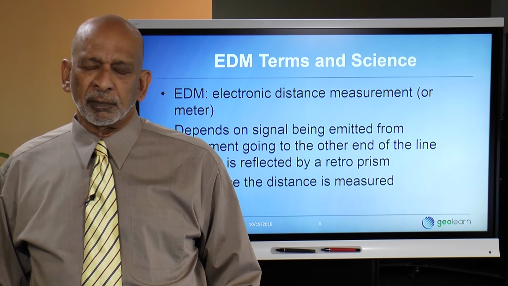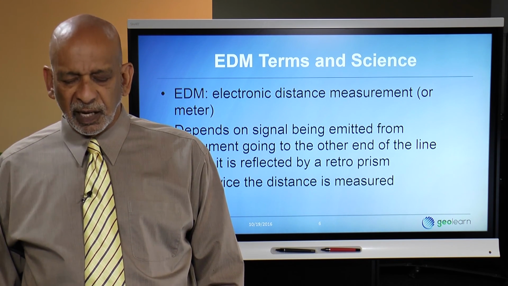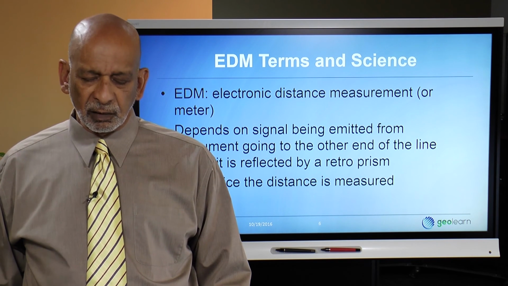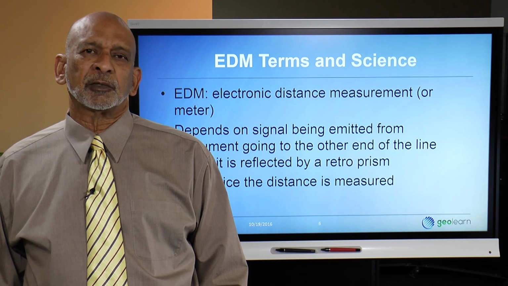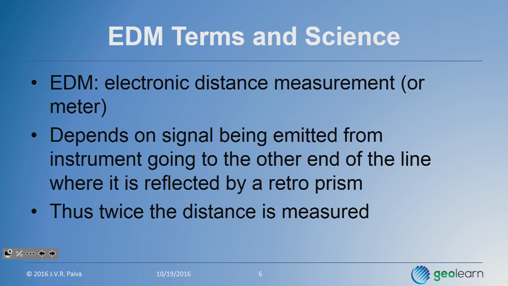So we'll go through some EDM terms and science. We'll kind of jump around here. Let me start by mentioning that EDM sometimes stands for electronic distance meter and sometimes for electronic distance measurement. So we use it in both ways. And the principle basically depends on the signal being emitted from the instrument going to the other end of the line, which is then reflected usually by a retroprism.